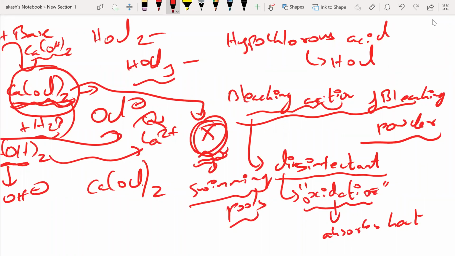Okay, hypochlorous acid. Yes, to a little extent, but not so much. But yeah, it might happen.